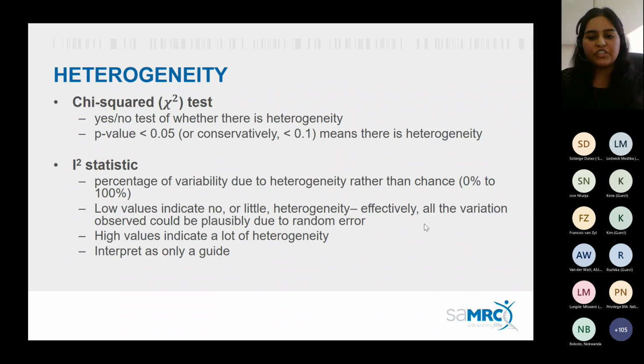But both of these tests should be interpreted only as a guide and in conjunction with a visual inspection of the forest plot. So our chi-square test is a yes-no test of whether there's heterogeneity. And our I-squared statistic tells us how much heterogeneity there is. And this can range from 0% to 100%.